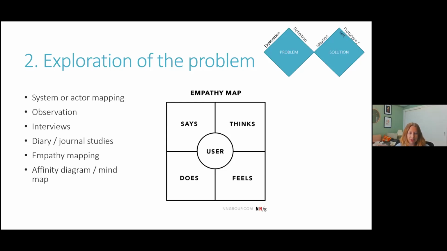The next one is empathy mapping, and I've got an example of an empathy map there on the slide. And this is really where, from a user's perspective or the sort of person that you're designing for, really understanding what is it that they're saying about a problem, what is it that they're actually doing about a problem, what are they potentially thinking about the problem, but maybe don't feel comfortable saying, and actually can you tease some of those things out, or is there some inference you can draw, but also what do they actually feel?